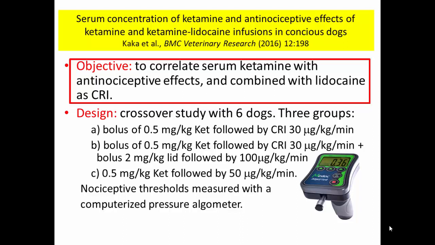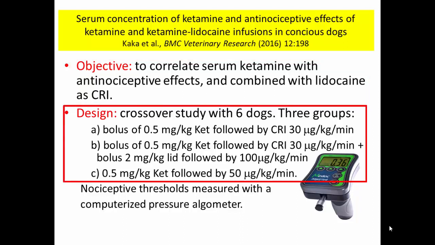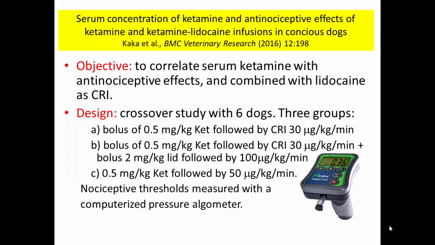This was a crossover study with 6 dogs, and the 3 groups were given a bolus of ketamine, followed by a CRI, or a bolus of ketamine and lidocaine, followed by CRI of both drugs, and a group with a bolus of ketamine, followed by a higher rate or dosage of ketamine given CRI, 50 micrograms per kilogram per minute instead of 30 micrograms per kilogram per minute.